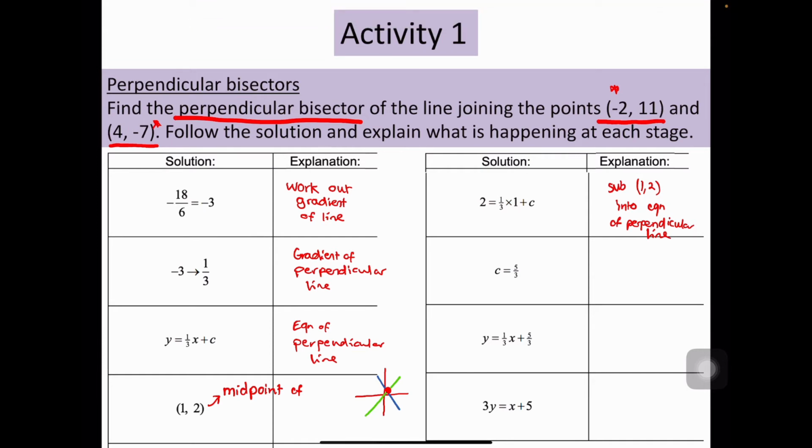We work out what C is, write the equation of a perpendicular line where we've actually written what C is, and the last step is just multiplying both sides by 3 so that we don't have any fractions. This last step isn't really necessary, however it cleans it up a bit, it looks a bit nicer now that we don't have any fractions here.